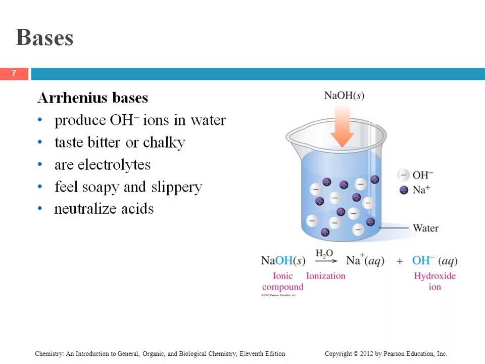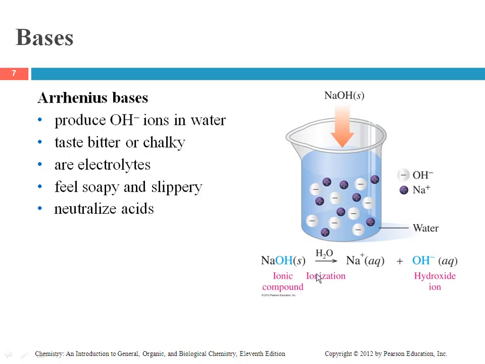And our hydroxide is produced when there is a base, and it is produced in water. Bases are bitter, chalky. Sometimes they have a soapy feel and are slippery. They are also electrolytes, and they will neutralize acids. So sodium hydroxide is an example of a strong base, and in water, it will completely ionize or dissociate to its constituent ions.